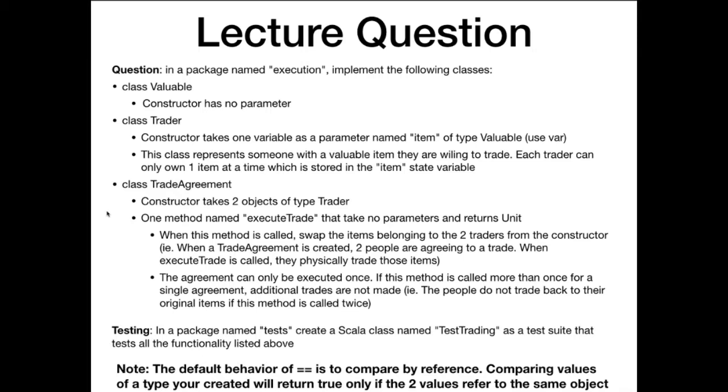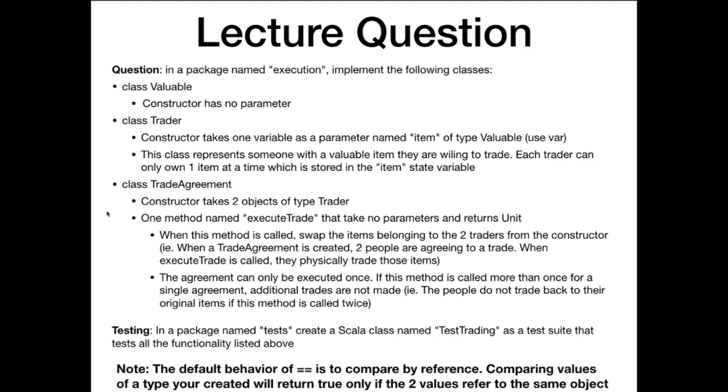We don't want to just say, okay, they have a diamond with the same size and the same value and everything. No, it has to be the same value. So we're going to check that by reference. Do they have that exact same item that the other trader had? And does the other trader have the exact same item that trader began with before the trade was executed? So we want to swap those by reference so they refer to the same object on the heap.